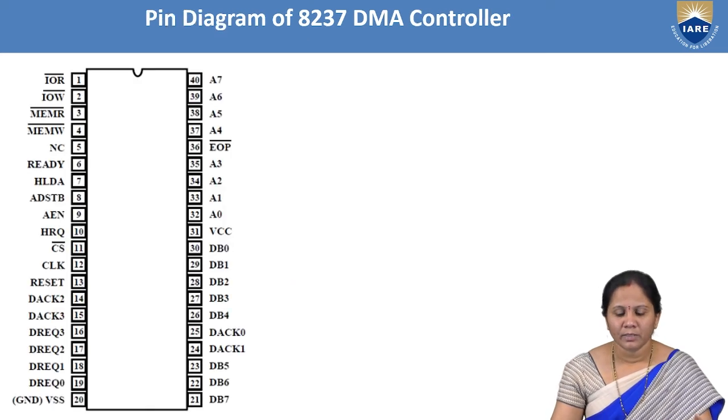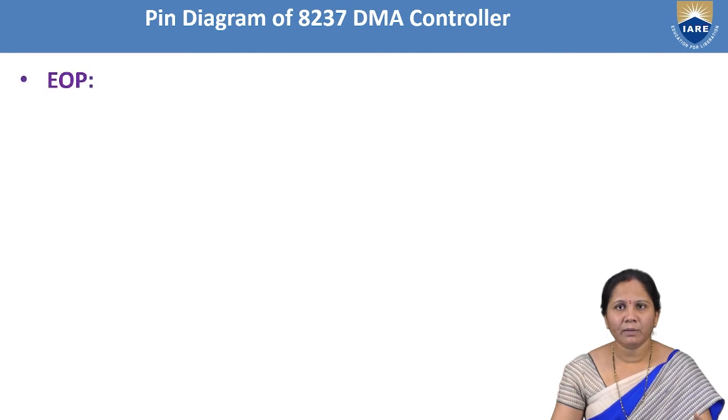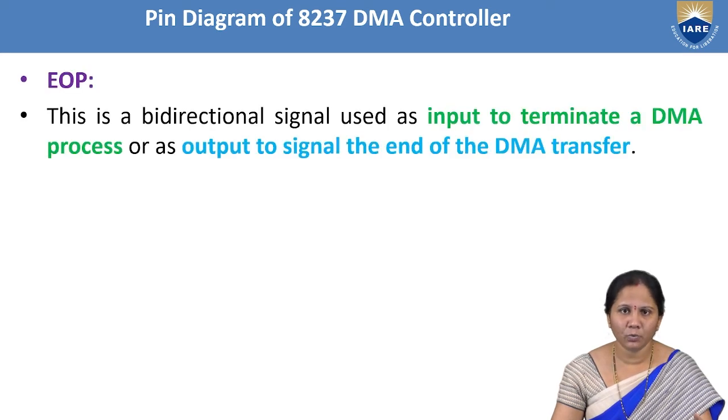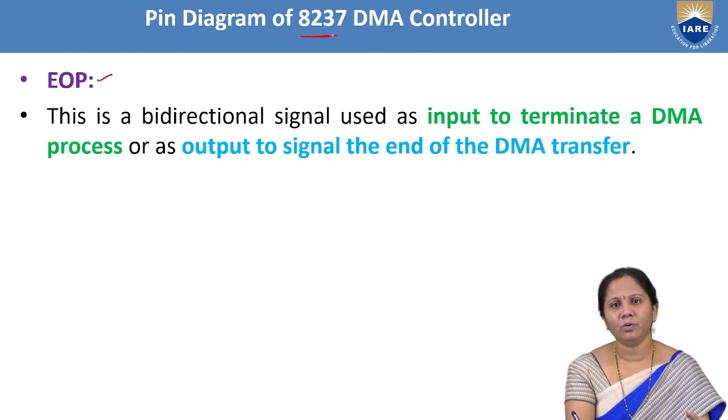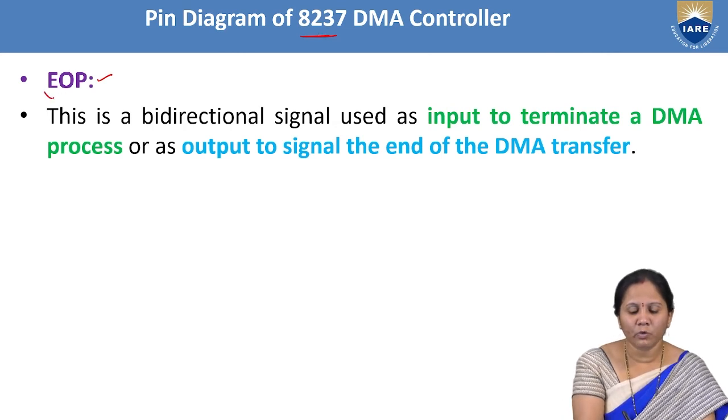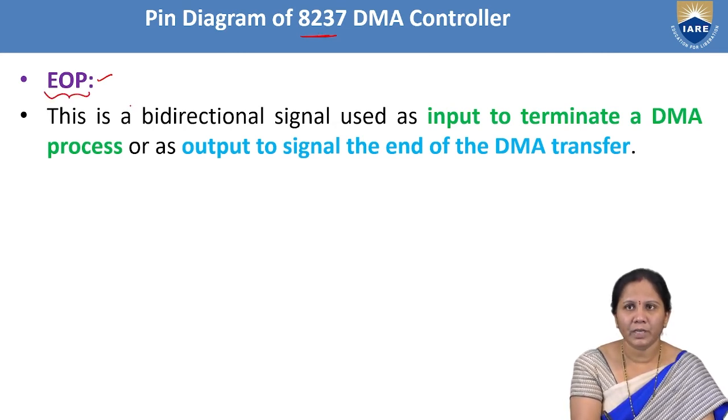So this is the pin diagram. Here in this pin diagram, only one pin is new, that is EOP. In 8237 DMA controller, all the 40 pins that we have seen in 8257 and their functions will be the same, but only one new pin we can observe here in 8237, that is EOP.